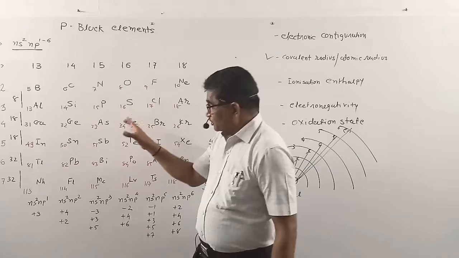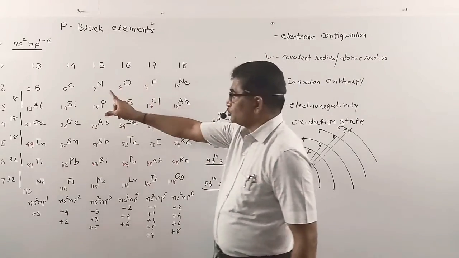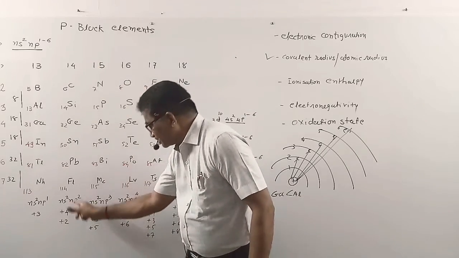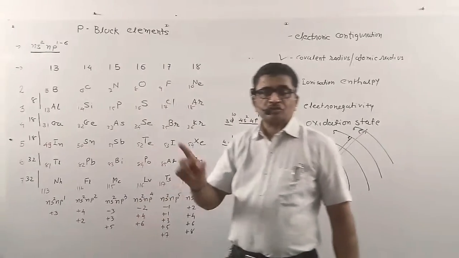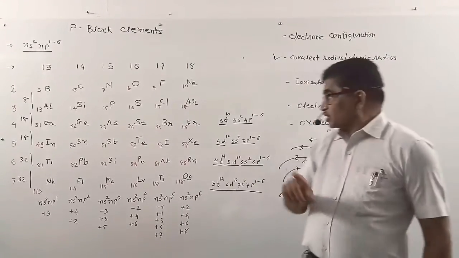This is also the same property in any group. If the atomic number is increased, generally covalent radius and atomic radius increase.